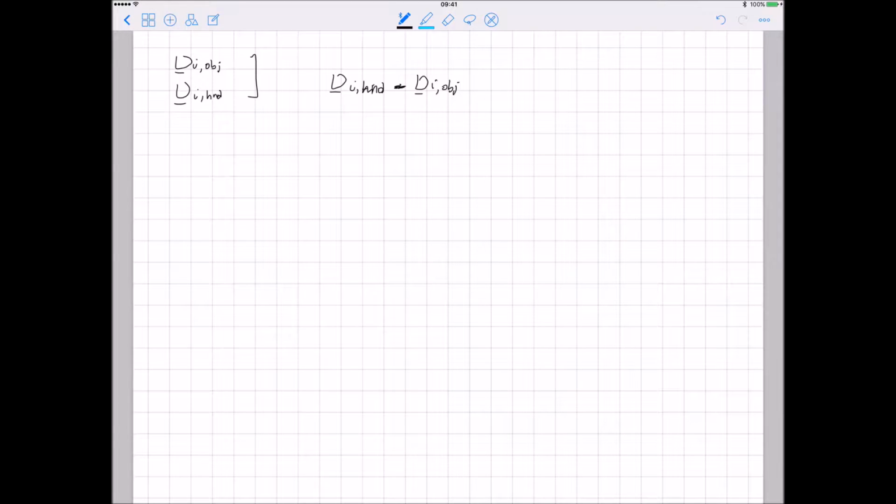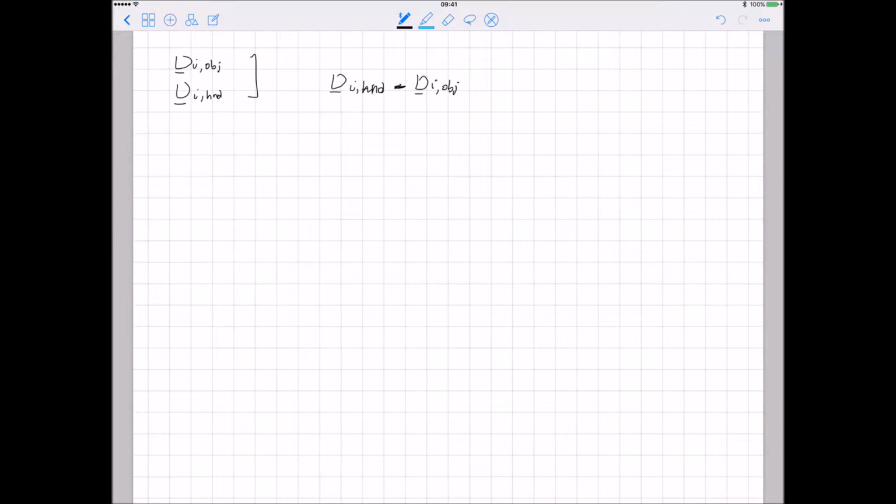This difference describes the relative motion that I have at the contact. So the contact model constrains some components of this relative twist, locking some part of the motion. And the type of constraint depends on the type of contact that I have.